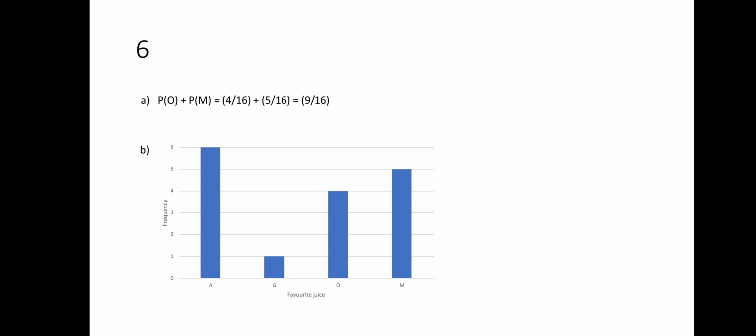So you could write apple, grapefruit, orange, mango, or you could just do what I did and use the first letter for each. Either will do, as long as you can clearly tell which bar is representing which juice. And then once you've got all that, drawing each bar to the correct height would be simple and straightforward.